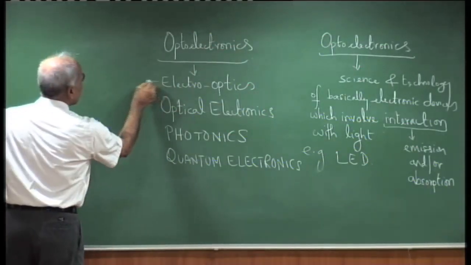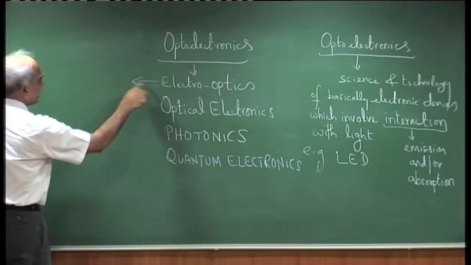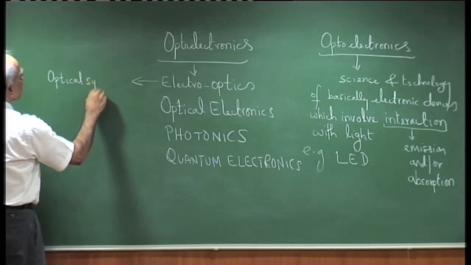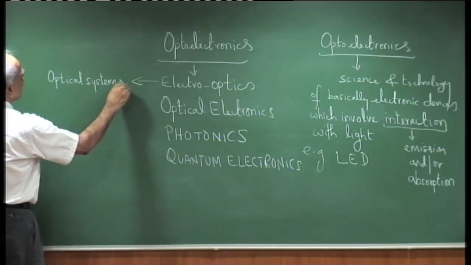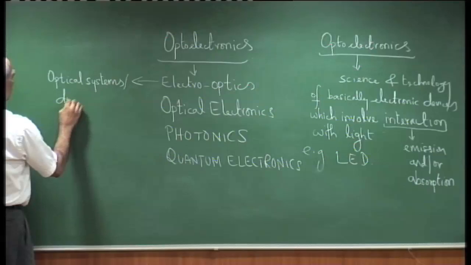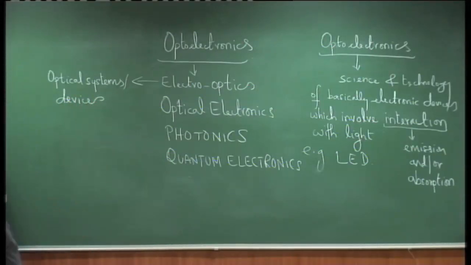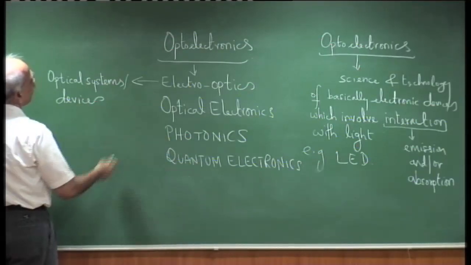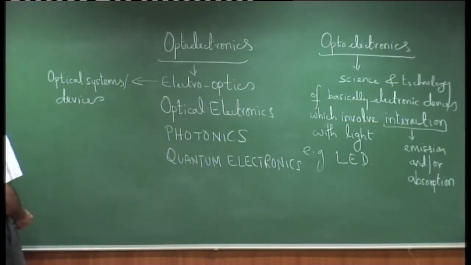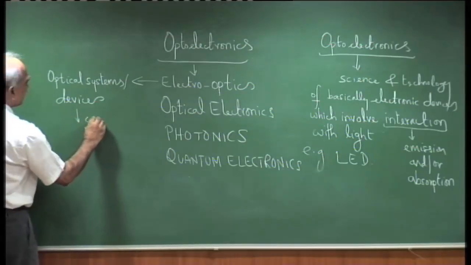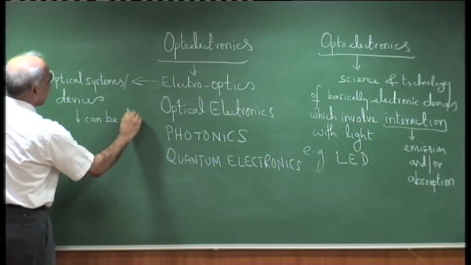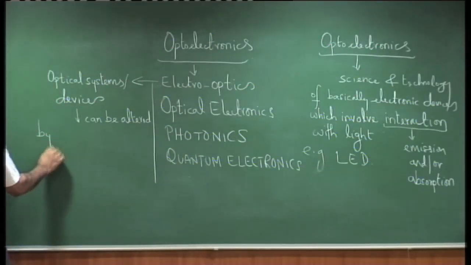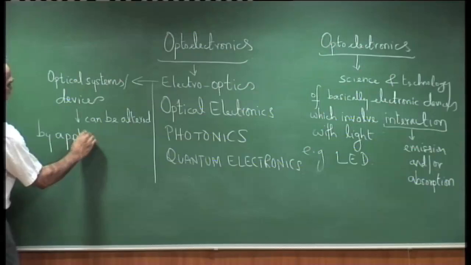In electro-optics, we basically deal with optical systems or devices where the propagation properties or characteristics of the device can be altered by application of an electric field.